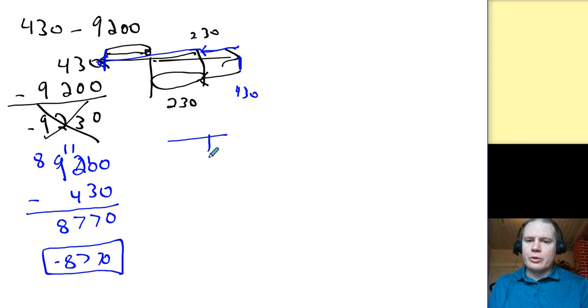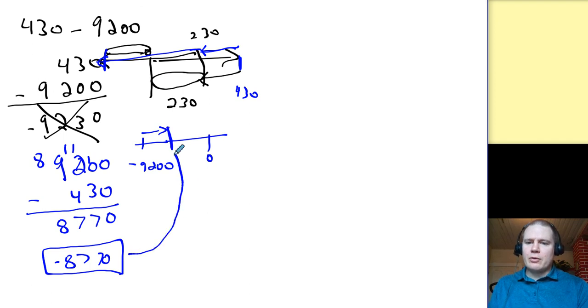Another way to illustrate that, if I'm starting at the negative 9,200, and then I move forward, right, 430 is positive, I move forward by 430. I'm moving back towards 0. I'm not as far negative.